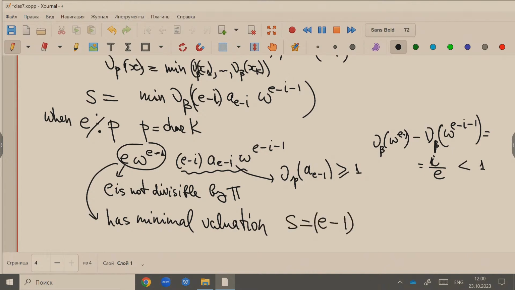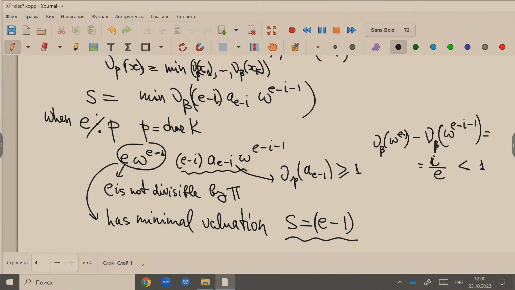So this shows that, first of all, the valuations in the different are bounded explicitly by the coefficients of the polynomial. In the case of good characteristic, when p doesn't divide e, simply S is equal to e minus 1.